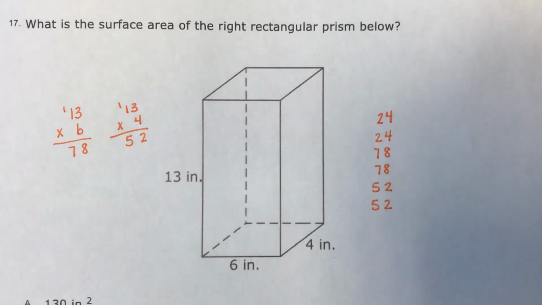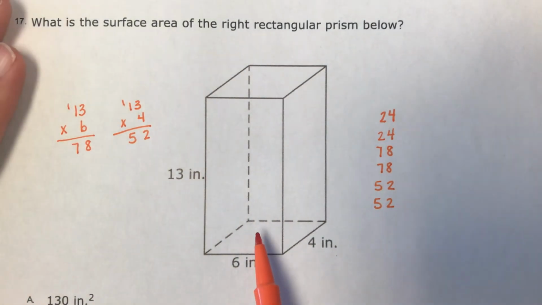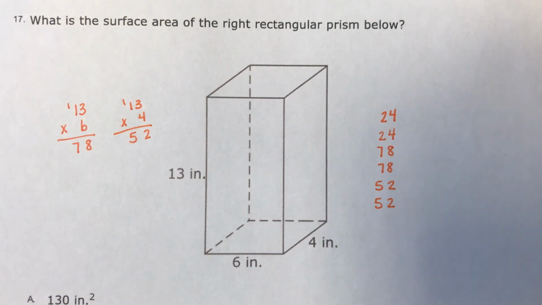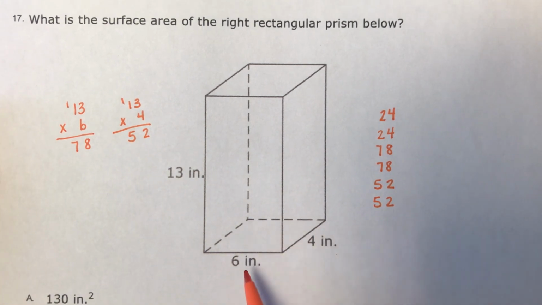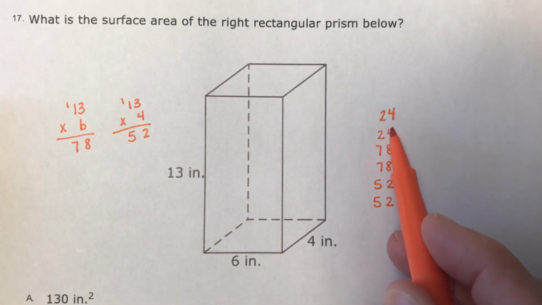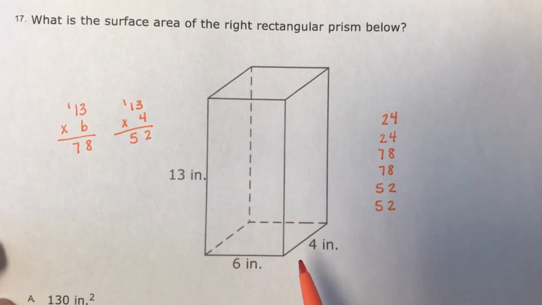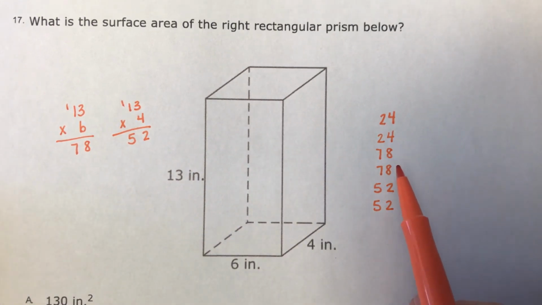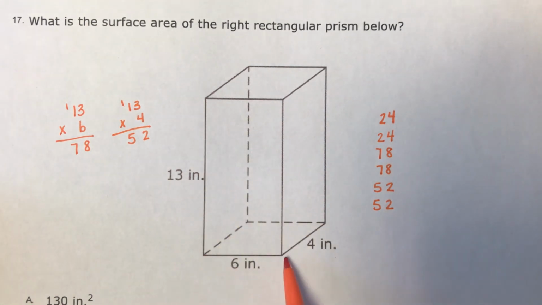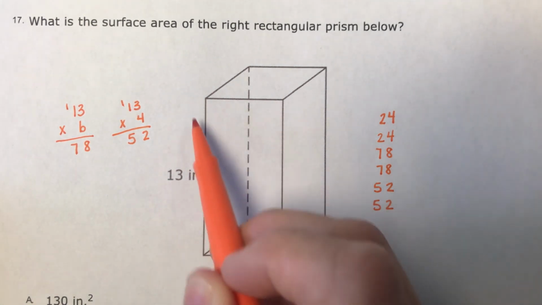Okay, so let's just recap what I just did real quick. Found the area, because remember, surface area is all about finding the area of every single side and then adding them up. So I found the area of my base, 6 times 4. That gave me these two 24s. Now the reason I have 2 of them is because remember, you have a top and a bottom. They match. Okay, then I came over here to my front rectangle, this big one right here in the front.